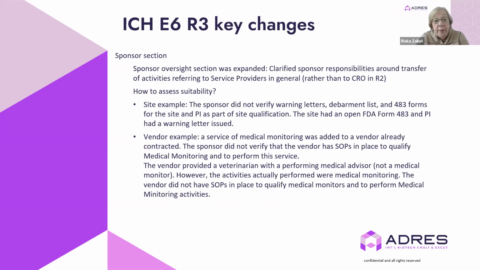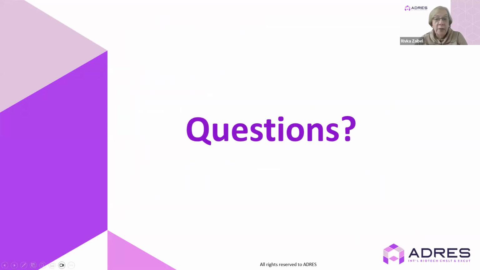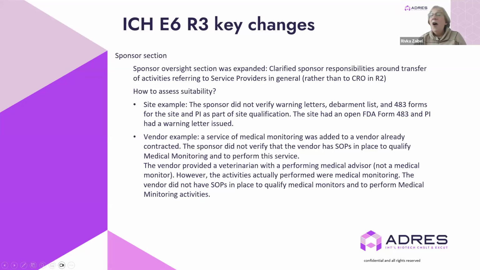Site example: the sponsor did not verify warning letters, debarment list, and 483 forms for the site and PI as part of site qualification. The site had an open FDA form 483 and the PI had a warning letter issued. This is an example of a non-suitable assessment of a site.